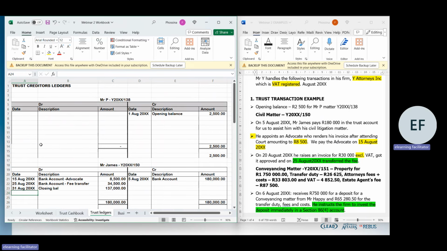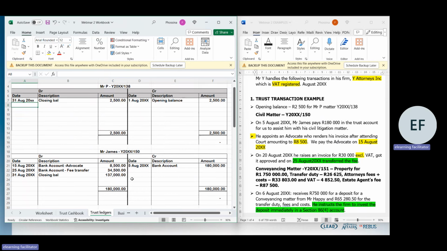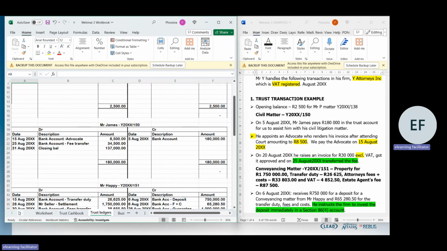Even here, our closing balance at 31 August 20XX will be 2,500. So we'll carry it forward. These are the only accounts that we have that will carry forward.